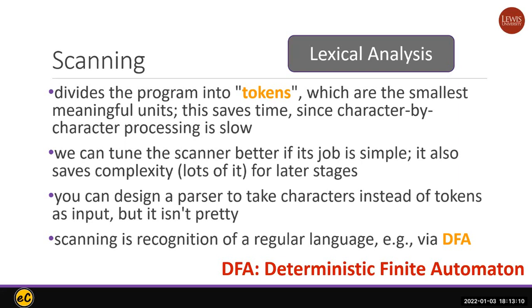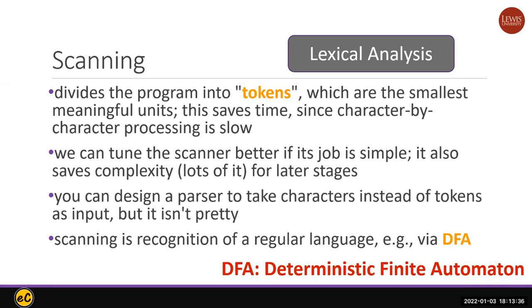So we load a file and break it down into tokens, and each token represents one meaningful word to the machine. We can tune the scanner better if its job is simple. It also saves complexity for later stages. You can design a parser to take characters instead of tokens as input, but it's not pretty.